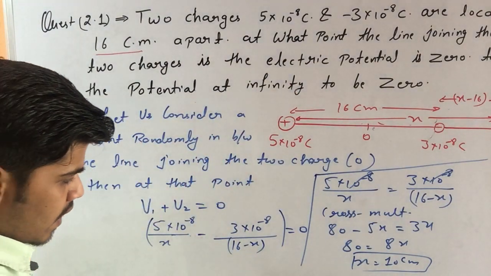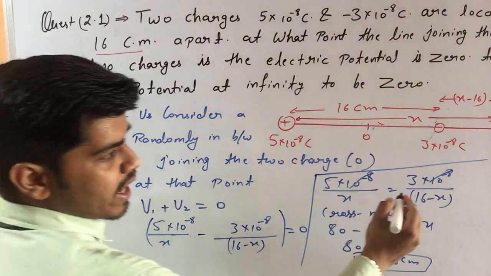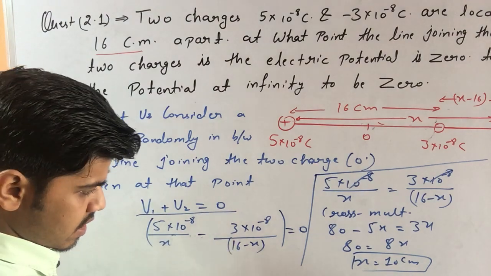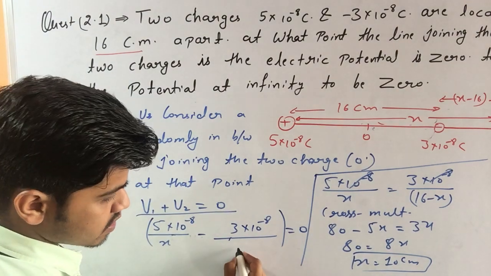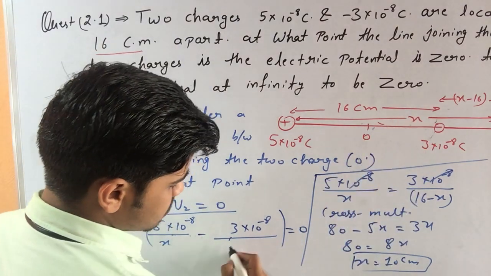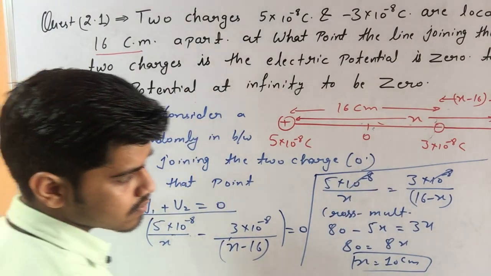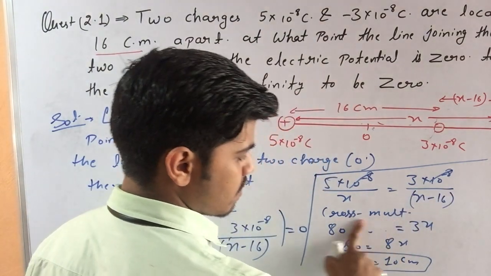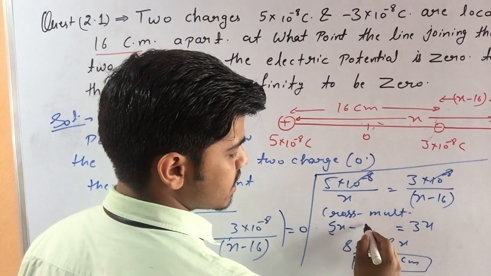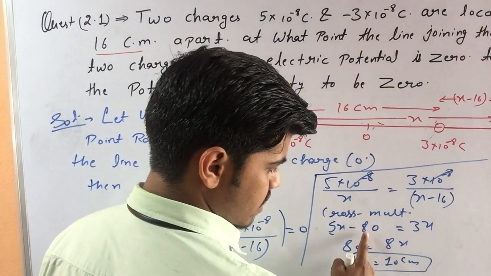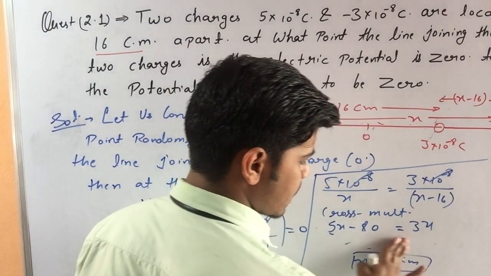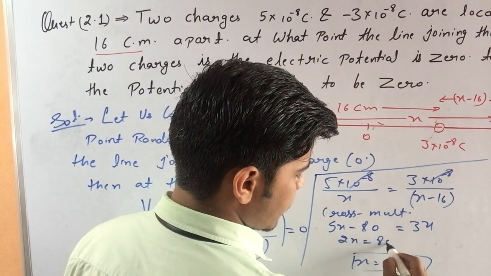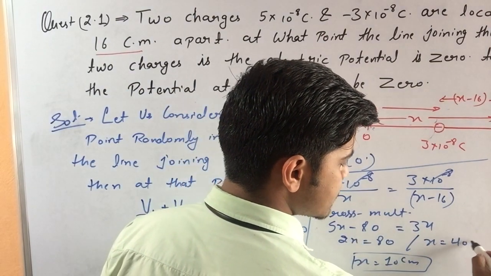Now students, for point O dash, it is the same, but in this term we have a small change, which is x minus 16. On simplifying, we have 5x minus 80. From here we get 5x minus 3x, 2x is equal to 80 and x is equal to 40 centimeter.